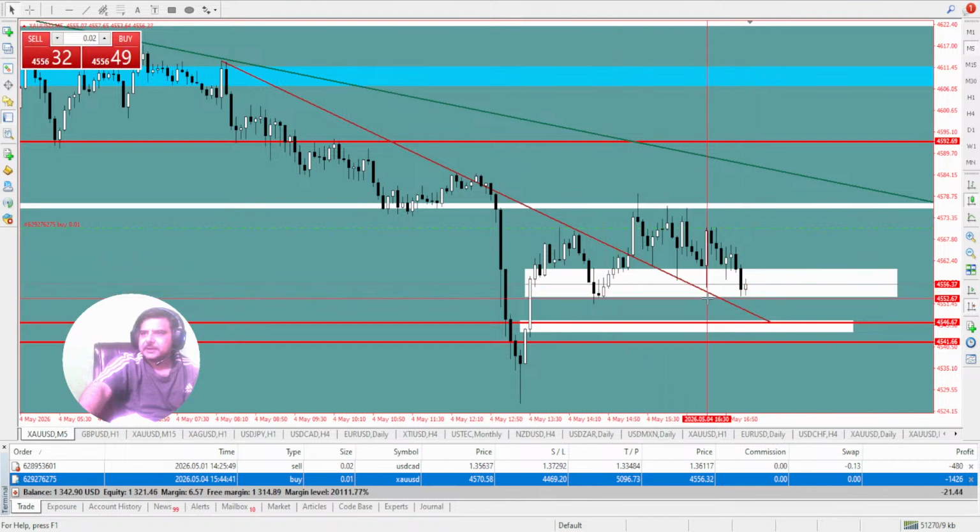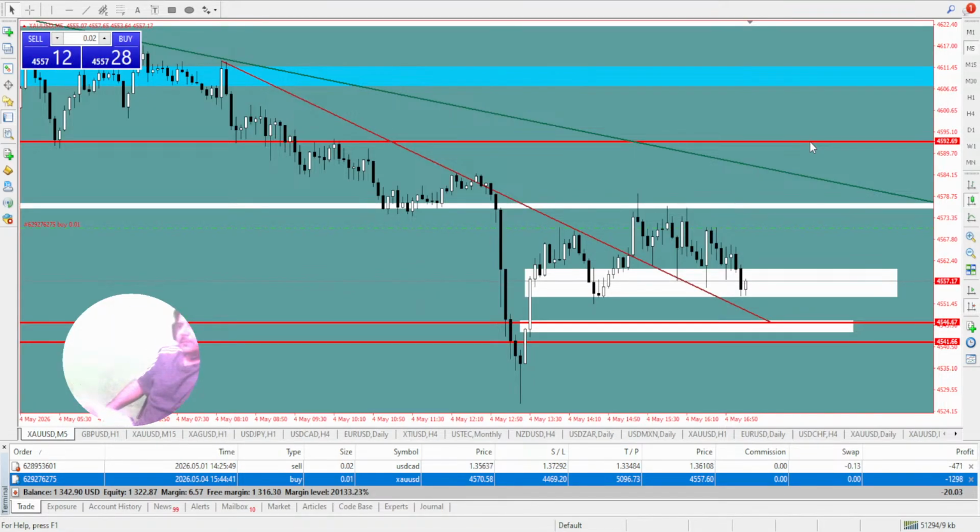And even if this pattern validates, suddenly price will be going up for around 380 pips. Okay, how much? 380 pips.